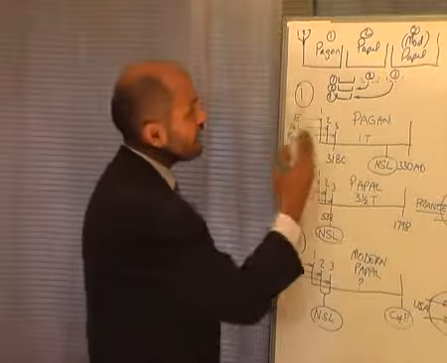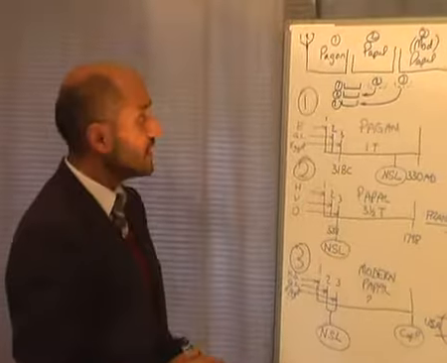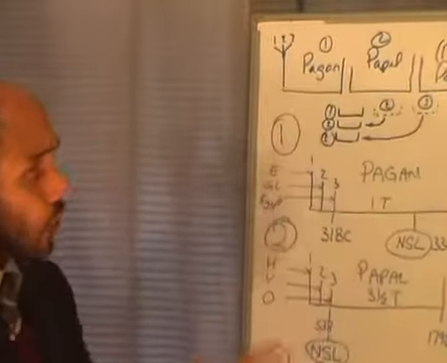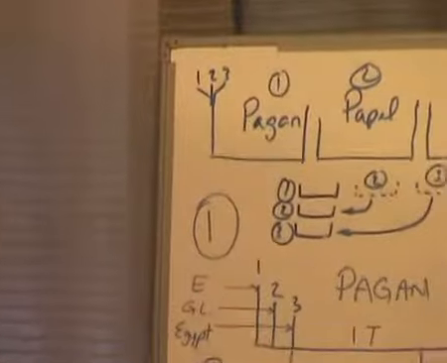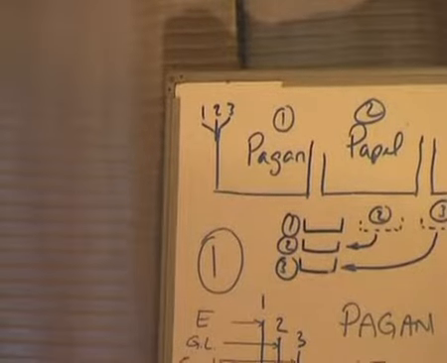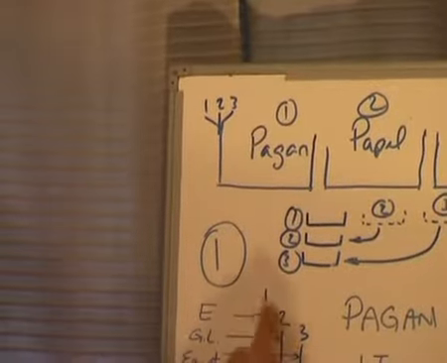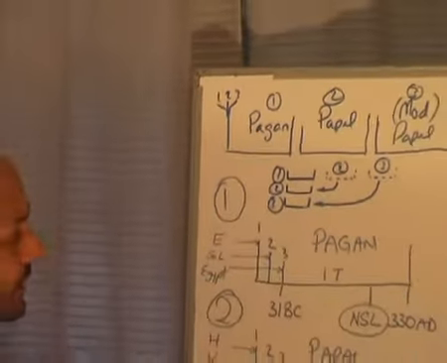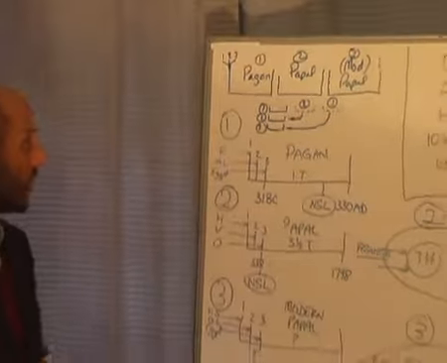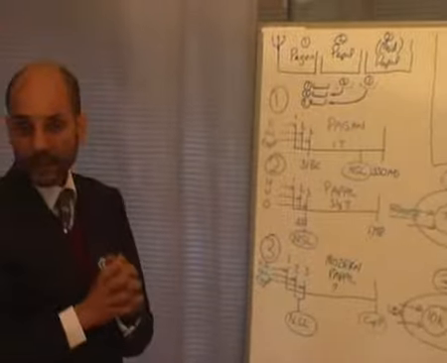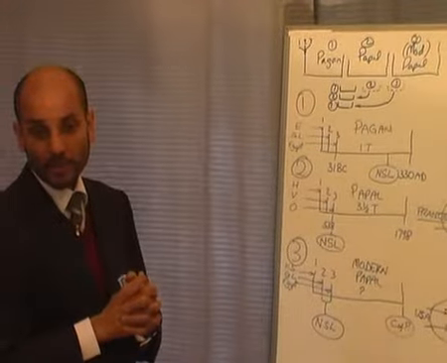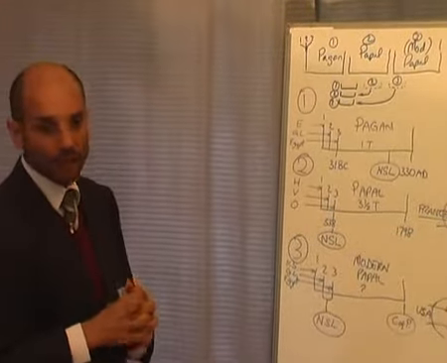I've given the 3 events that lead up to pagan Rome ruling the world supremely. Now this history, these 3 events, are discussed in Daniel chapter 8, verse 9.